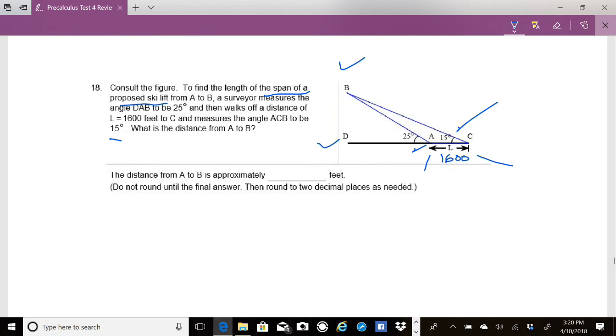What is the distance from A to B? So we want to find this distance.